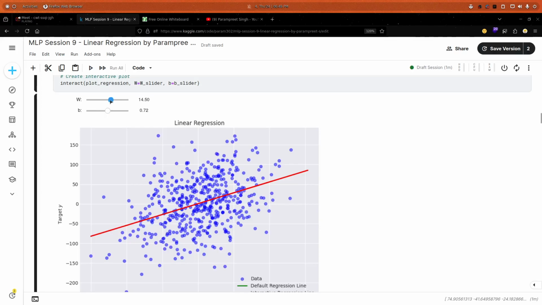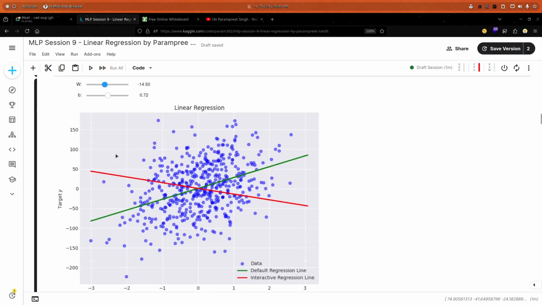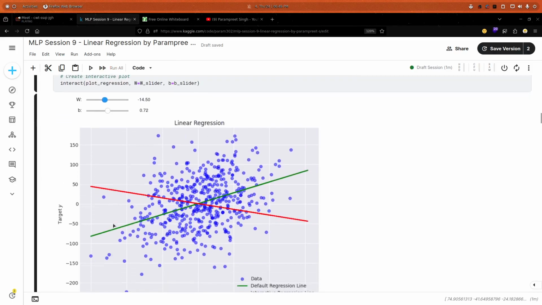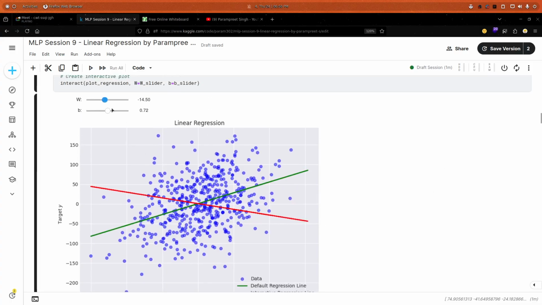If I decrease the slope, you can see the slope is negative, so the red line starts from a higher value and goes down as the value of x increases. The green line is the best fit. If I decrease the value of W more, the line will be more slanted, but in the opposite direction.